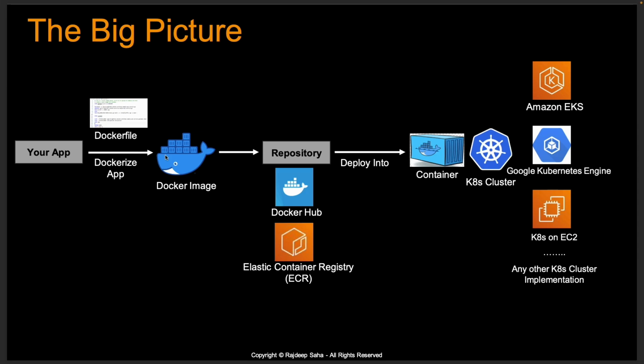That's what a Docker image is, and we push that image to a repository, like Docker Hub, Elastic Container Registry, or JFrog Artifactory, wherever you want, so that other people can access it if you deploy to a public repository.